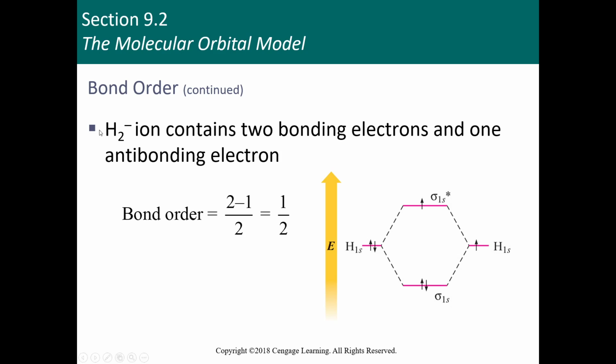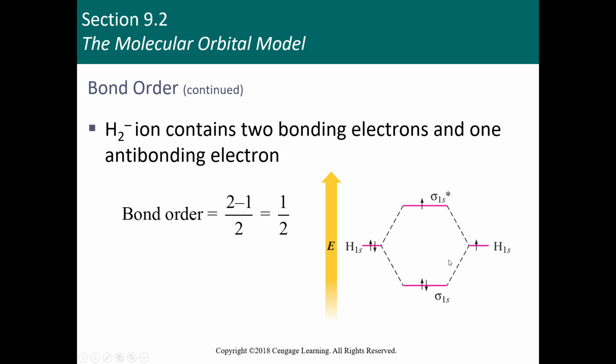Here we have an H2 negatively charged ion. Again, when we have this, we have an extra electron. This extra electron is going to end up going into the anti-bonding orbital, because that's the only place that has free space. Remember, every orbital can only have up to 2 electrons.